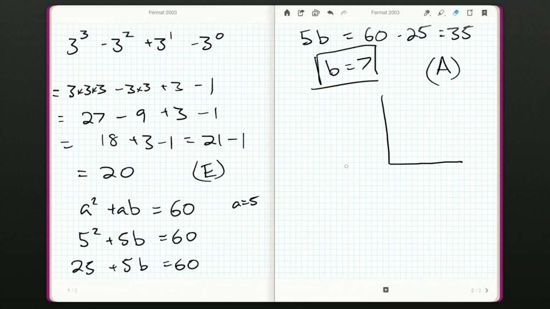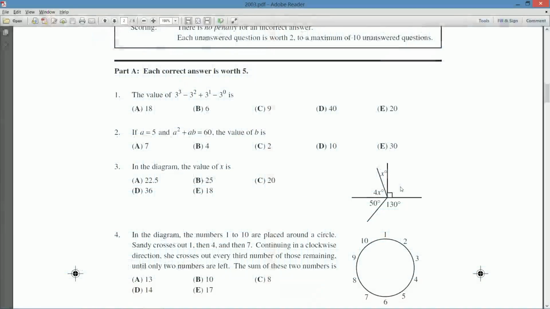This is not being drawn nicely. Let's try there, and there, and there. Okay? So we have 50 here, we have 4x here, we have x here, we have 90 here, and I believe it was 130. Let's just make sure.